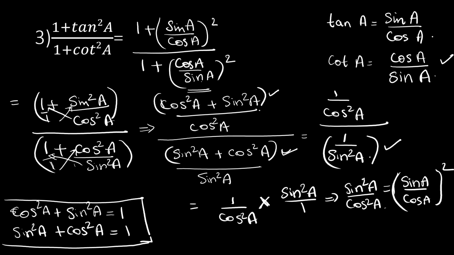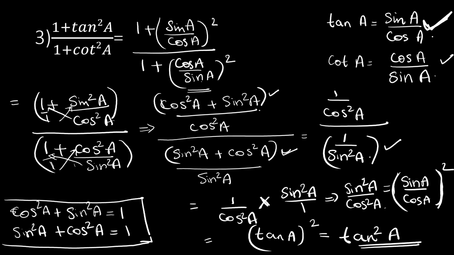What is sin A by cos A? We have already discussed that sin A by cos A is equal to tan A. So this is tan A whole square, which is tan square A. This is the answer.